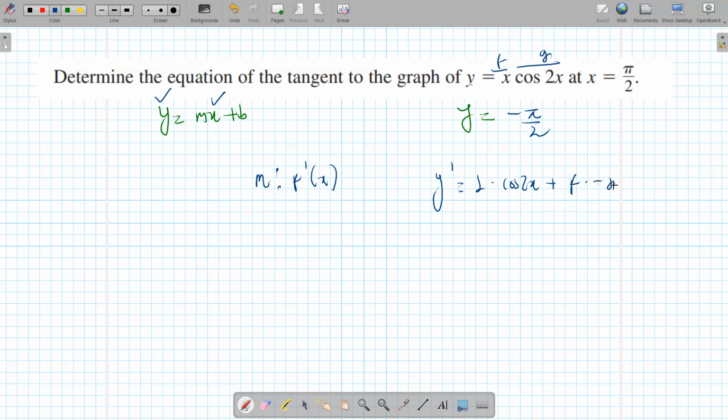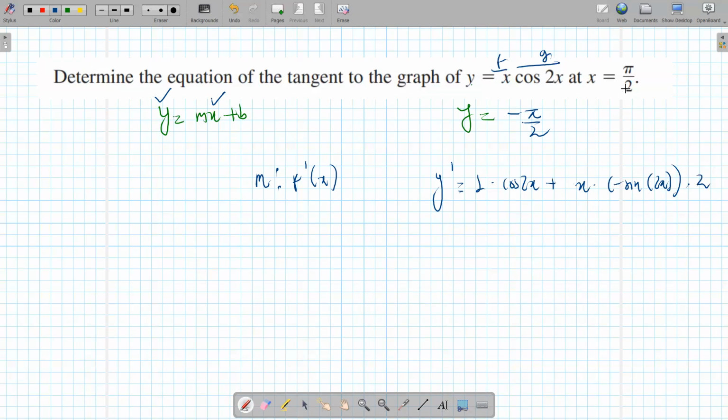So negative sine of what? What's the angle? Negative sine, the angle doesn't change, yeah? 2x. What do we multiply that by? What's the derivative of the inside bit? 2. There you go.